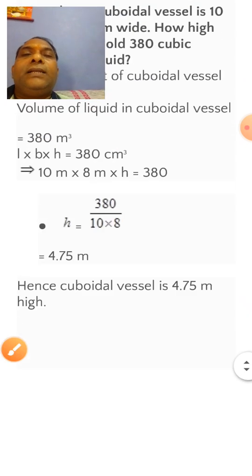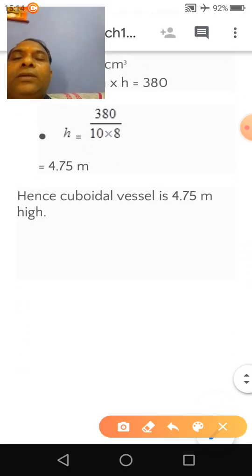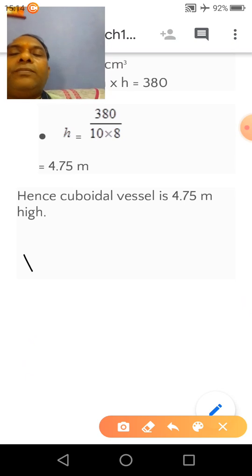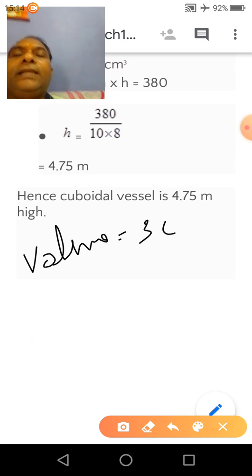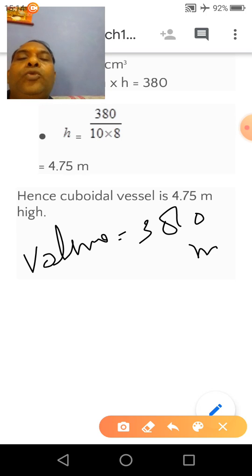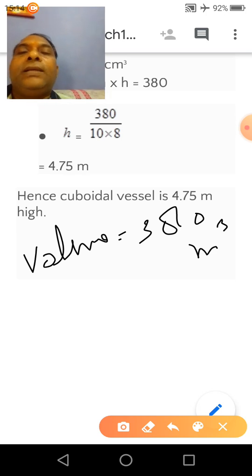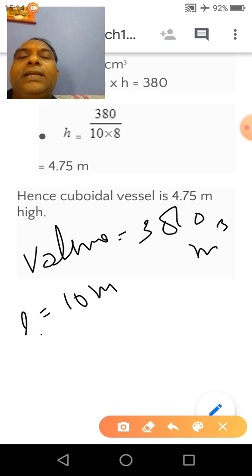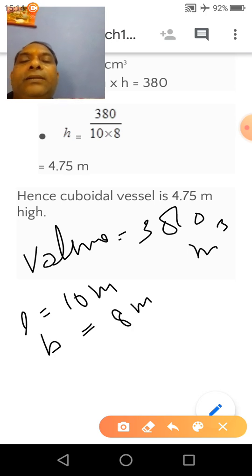Clear? See again here. Volume of the cuboidal vessel is already given, 380 cubic meter, means meter cube. Length is already given, 10 meter. Breadth is already given, 8 meter.